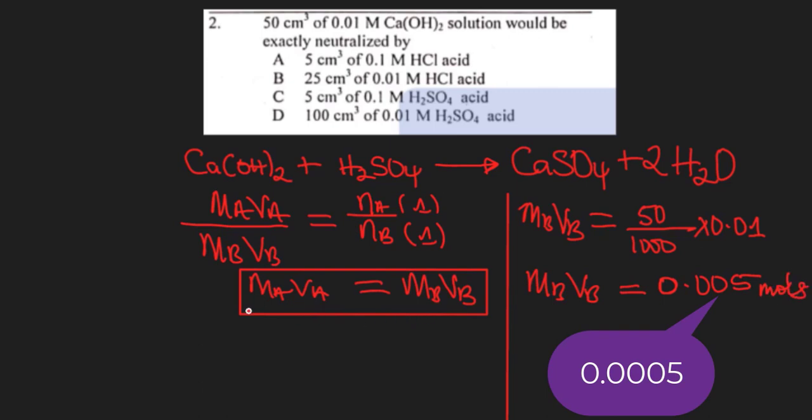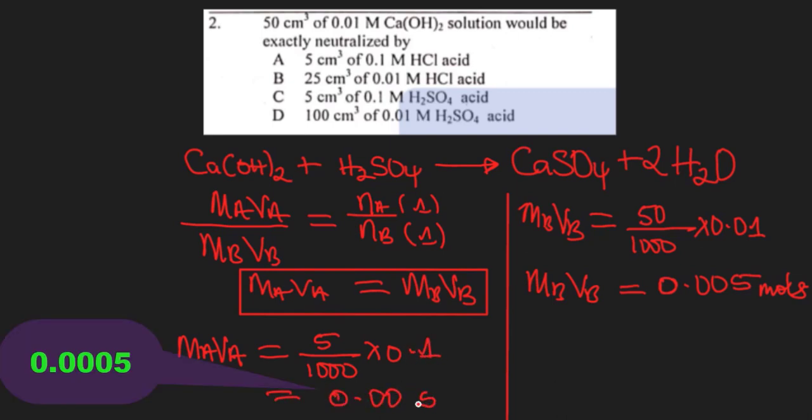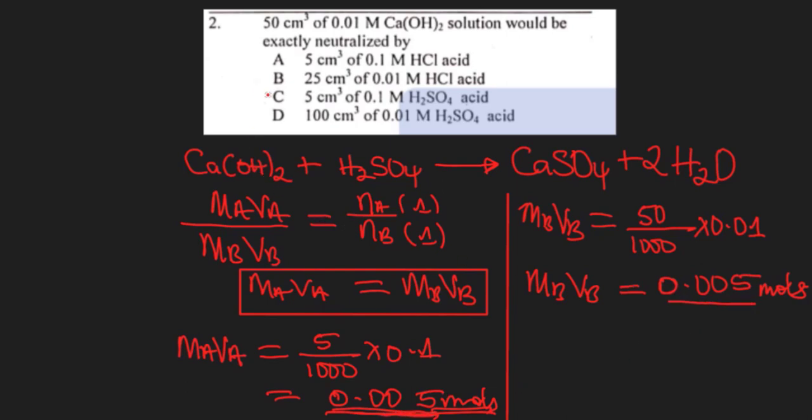If we do the same for the acid from option C, 5 divided by 1000 to convert to dm³, times 0.1, that gives us 0.005 moles. So the number of moles of the acid equals the number of moles of the base. Therefore, C is our best option.